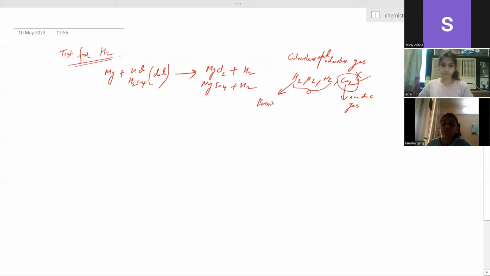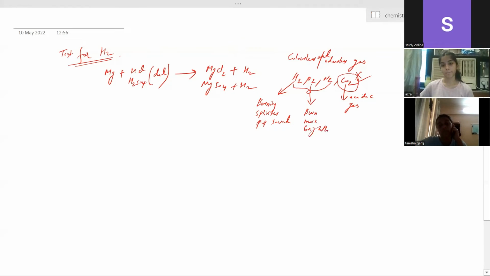H2, burning splinter, na? Pop sound. It burns with a pop sound. What about O2? Burns with a greenish blue flame? No, greenish blue flame is chlorine. Okay, so now this will burn more because oxygen supports combustion. So this will burn brightly, more brightly.